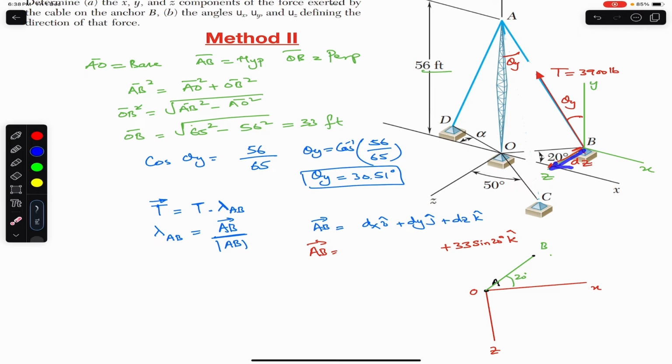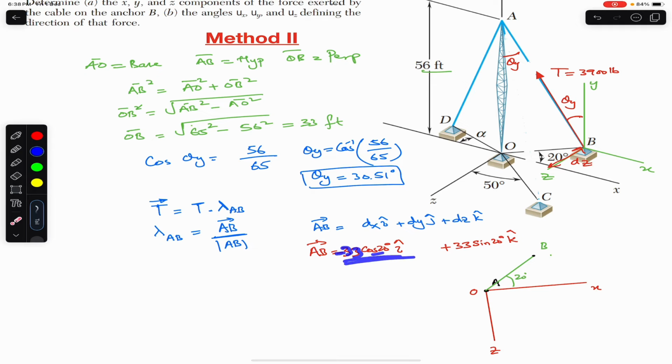Then once we reach here, we need to travel this distance in the negative x, and this distance will be OB cos of 20, in the negative x. OB is 33, so this is negative 33 cos of 20 degrees i.